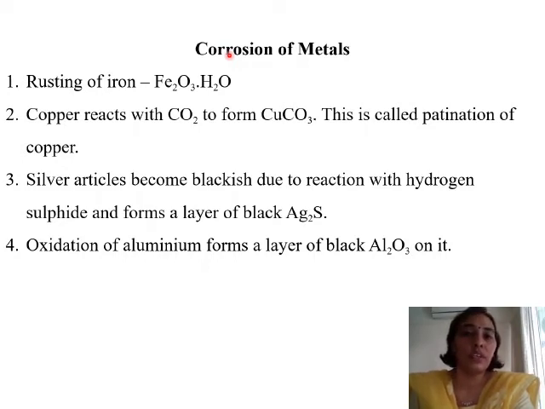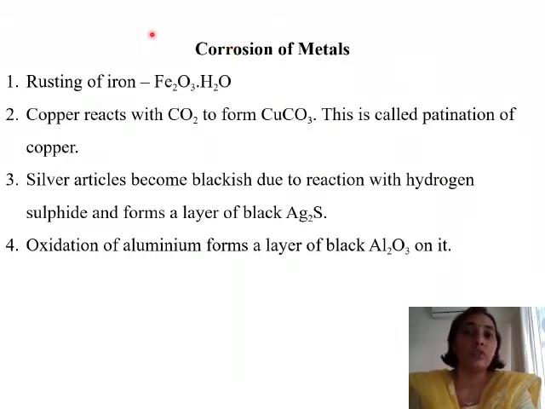It's basically oxidation of metals. Metals react with oxygen and form metal oxides, and this layer deposits over the metal. As in the case of iron, we have seen that it lessens the life of iron. In other metals, it changes the taste and spoils the food if the metal is undergoing oxidation.